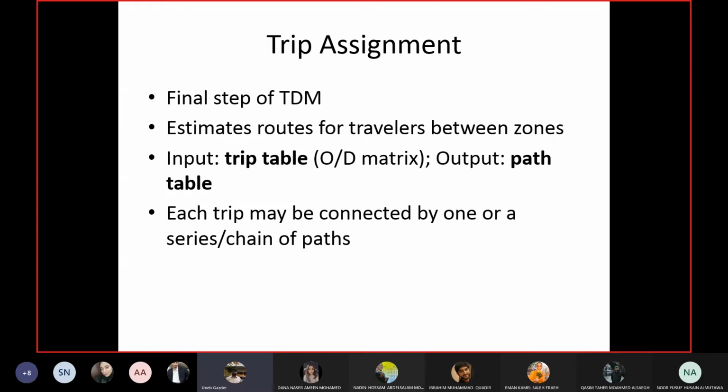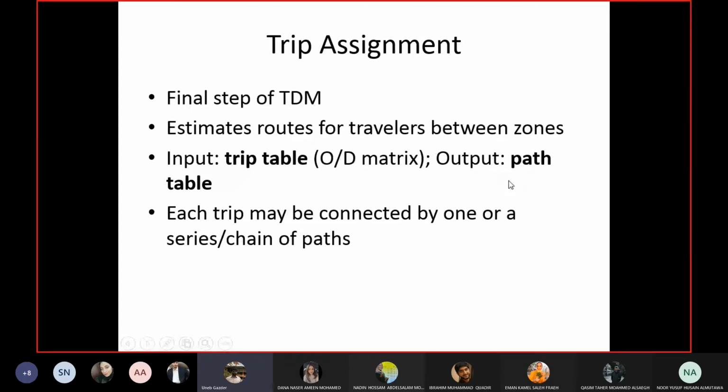You start the trip assignment using the trip table, the OD matrix, and the final output from trip assignment is the path table. Path means route. So the final outcome of trip assignment is a path table.